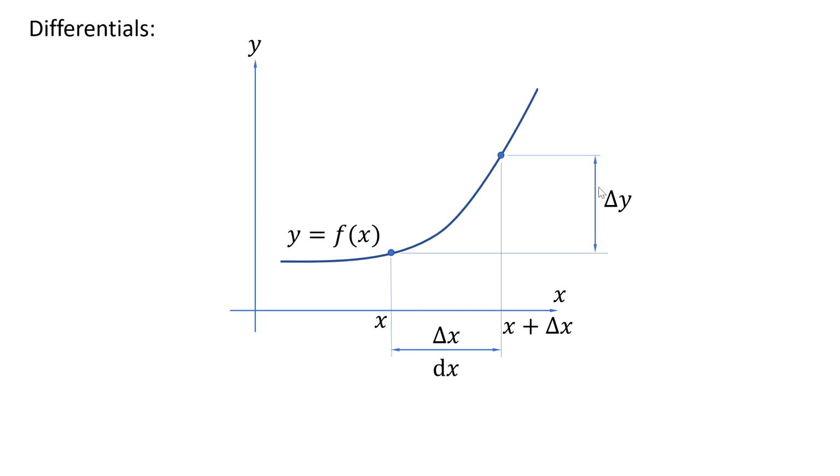No. That's where the difference comes. dx and delta x are the same, but what is this dy? For that, this is what we need to do. We need to draw a tangent to the graph at that x and f of x, and measure the y difference along the tangent.